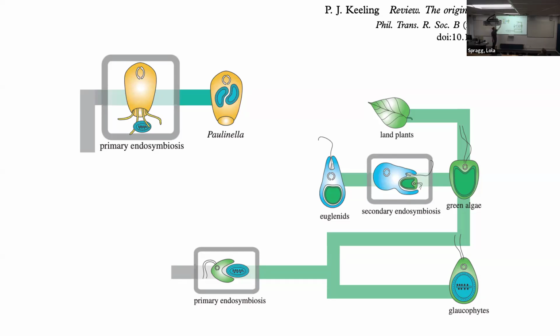imagine if Paulinella evolved plastids back in the Proterozoic, 1 billion years ago or so. And that was it. So that means plastids evolved twice in the Proterozoic. This group survives to modern day. Let's say this group here went extinct because it only had a few members. It almost certainly would not have entered the fossil record. So it wouldn't be represented in the Proterozoic fossil record. And even if it had been, paleontologists today would not be able to discern that this was a second origin of plastids.